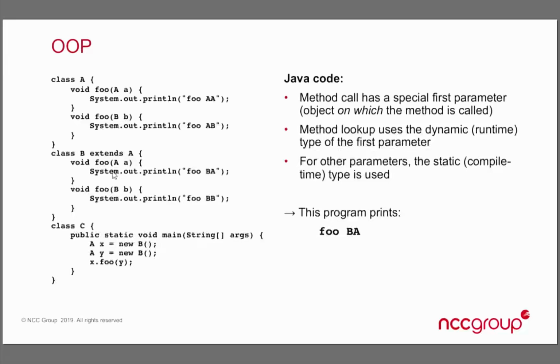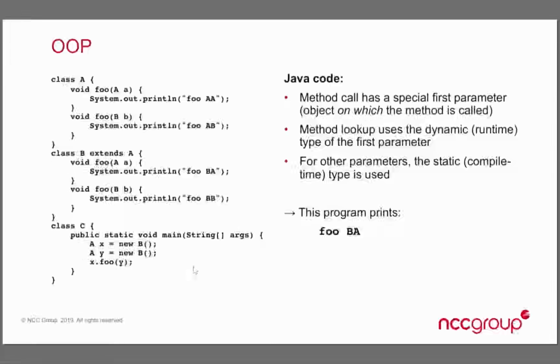That is, to decide which of the four foo functions is called, it will use the runtime type of what is in X. It's a variable of type A, but it's really an object of type B, so it's calling a method of B. But to decide which of both methods in B it's calling, it's using this time the static type, which is the type of the variable and not the type of the object which is in it.